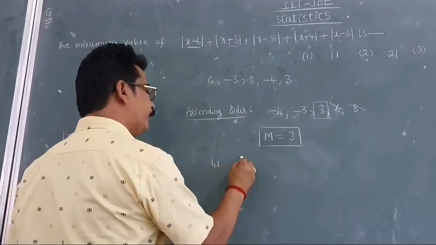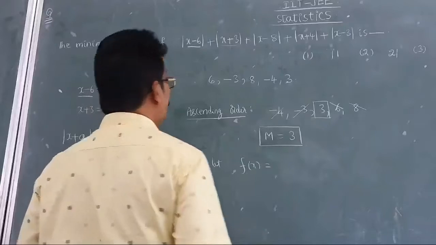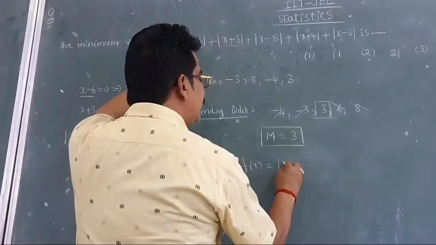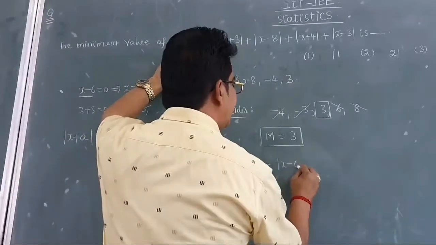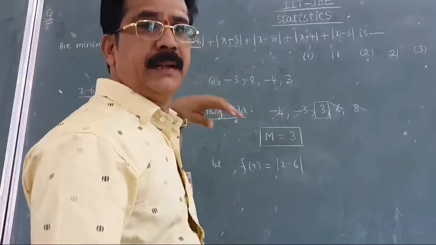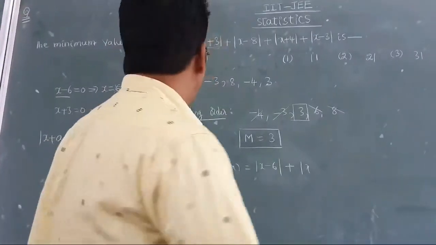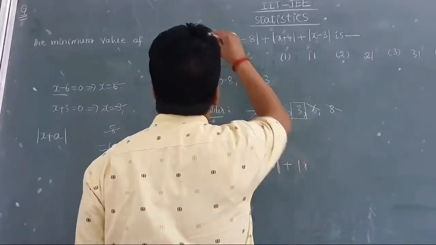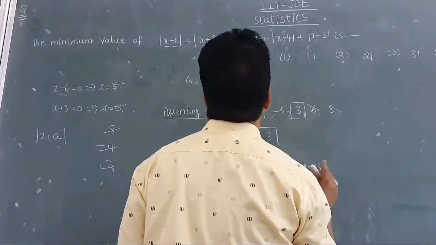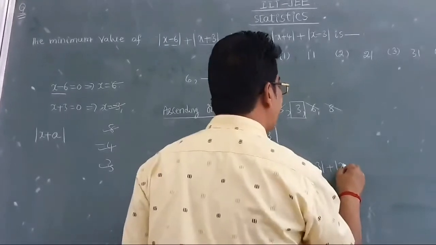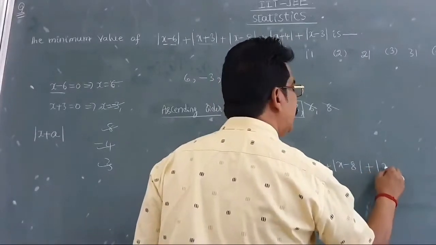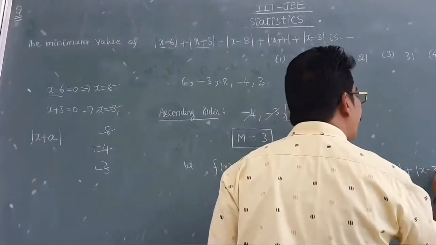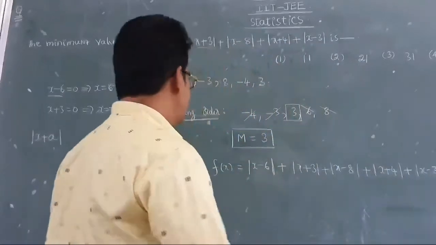Now let f of x equal to modulus of x minus 6 plus modulus of x plus 3 plus modulus of x minus 8 plus modulus of x plus 4 plus modulus of x minus 3. This is f of x.